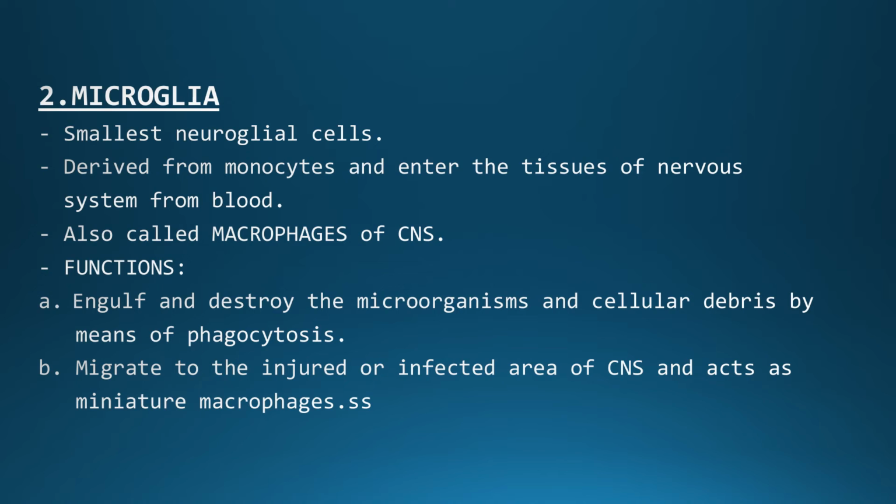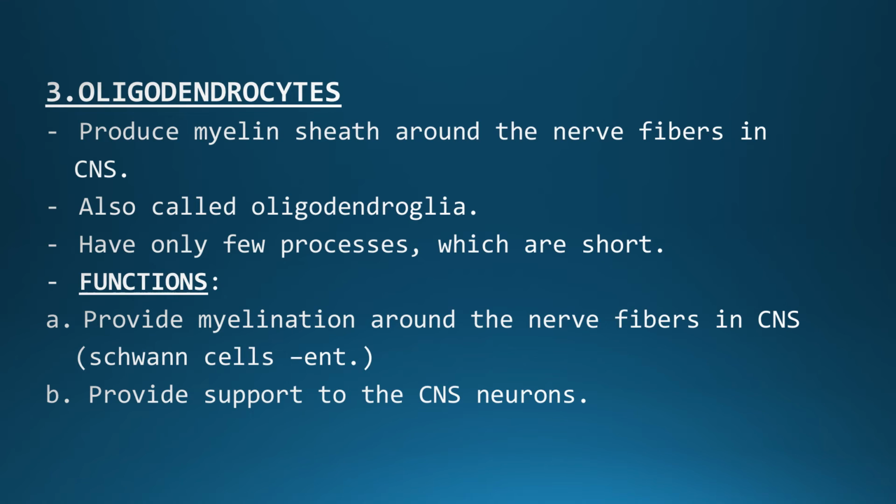Functions of microglia cells are the same as macrophages or monocytes of WBC: engulf and destroy the microorganism and cellular debris by means of phagocytosis, and migrate to the injured or infected area of the central nervous system and act as miniature macrophages.